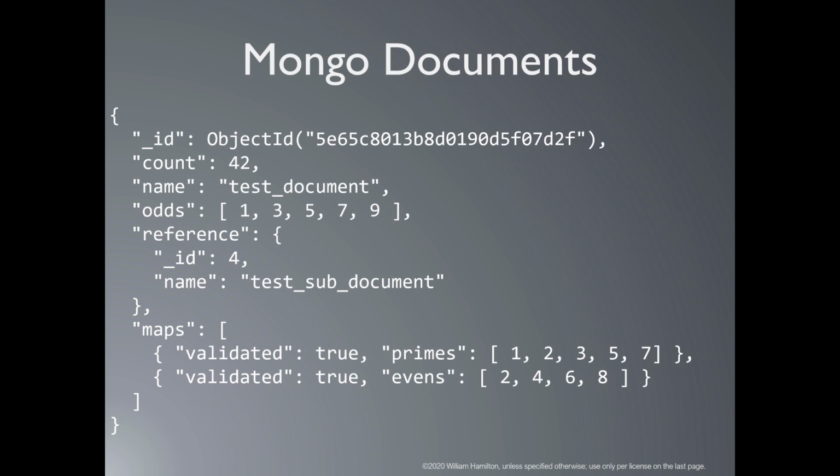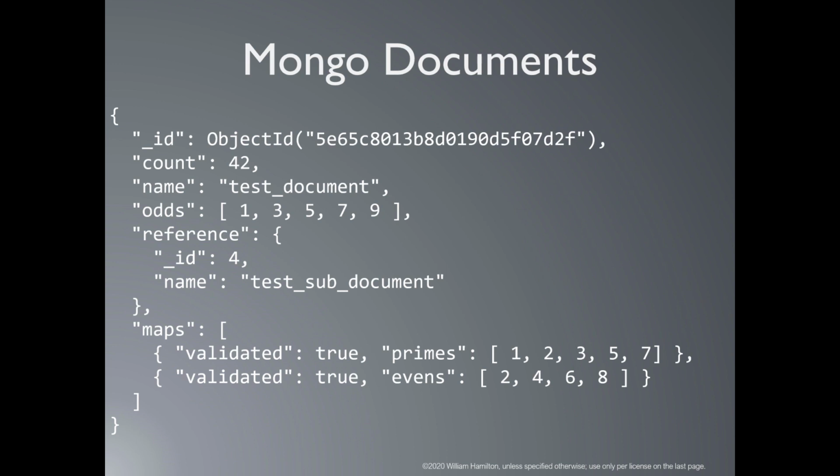This is just an example of what an arbitrary document could look like inside of a Mongo collection. As I pointed out, it looks very much like JSON. And it's represented with these curly brackets around key value pairs.